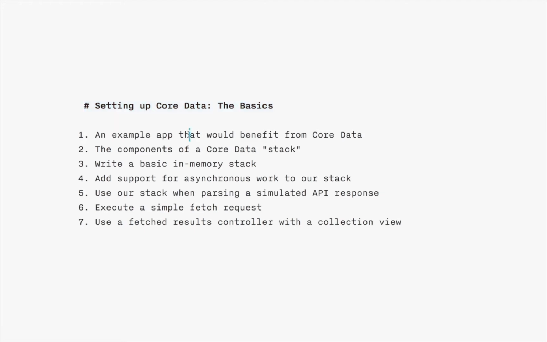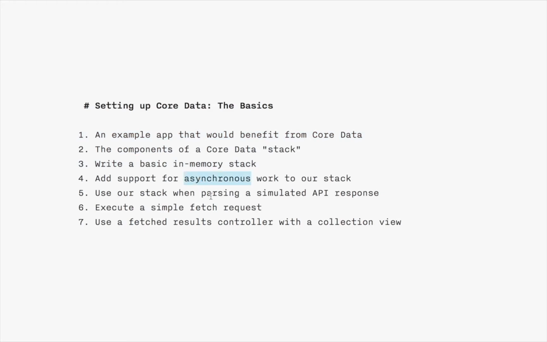We're going to first talk about our example app to illustrate how Core Data might help you. We're going to set up the basic components of a Core Data stack, writing a basic in-memory version of that stack, and then extend it by adding support for asynchronous work in the background.